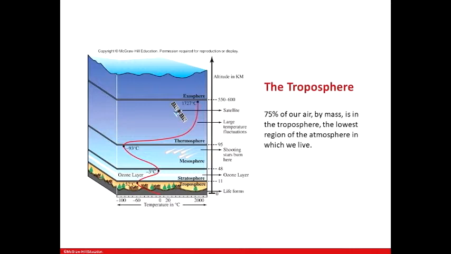The troposphere is where 75% of the air resides, which is where people are. And then we have the ozone layer, in the stratosphere, which protects from UV radiation. Okay, so let's move on. You have those layers, you want to memorize them and be familiar with them.